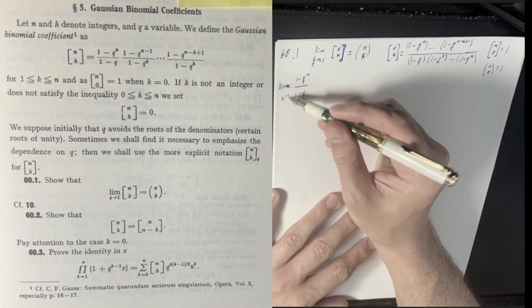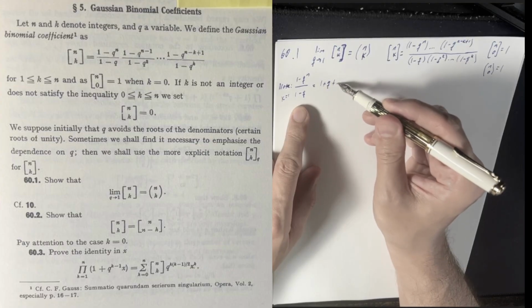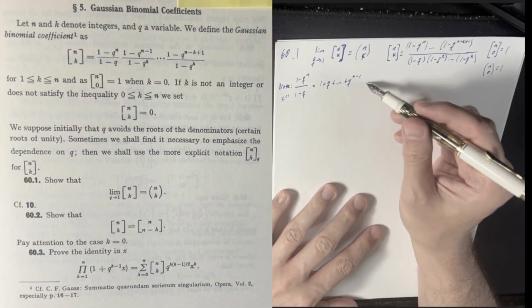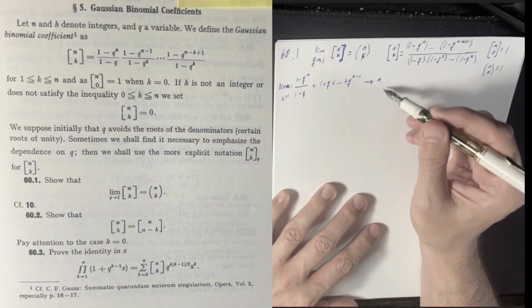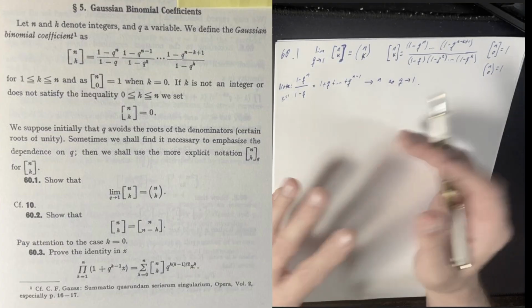So when k equals 1, you're getting this, which is this. This tends to n as q tends to 1. So I've noticed that.